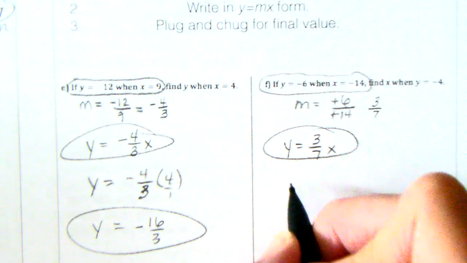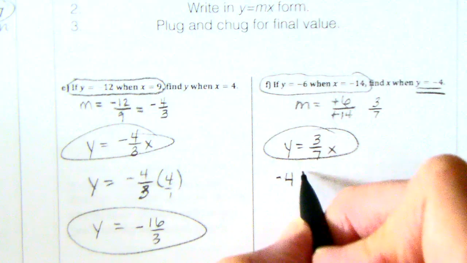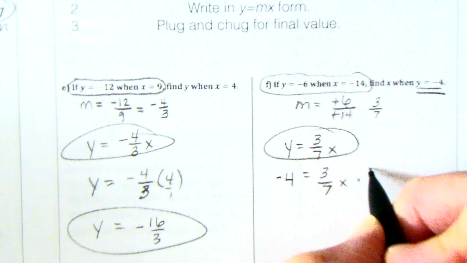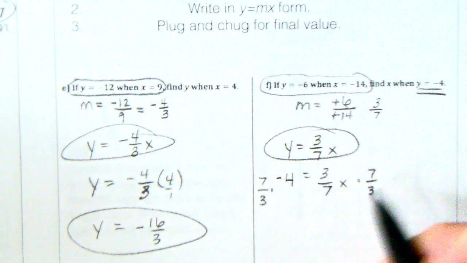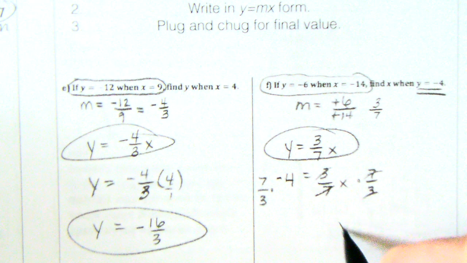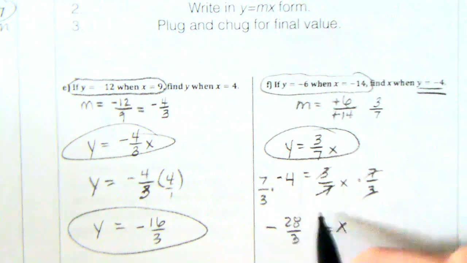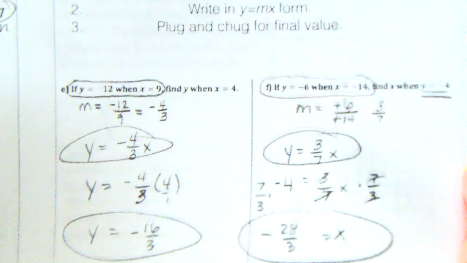So we're going to put negative 4 in for y, because that's what they gave us, equals 3 over 7 x. Solve for x by multiplying by the reciprocal. And again, not going to be very pretty. Negative 28 over 3. And I'm cool with just leaving it like that.